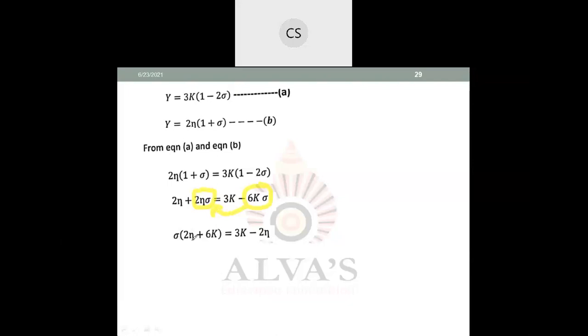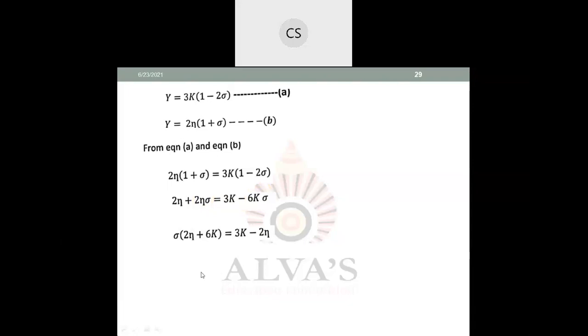So sigma into 2 eta plus 6K is equal to 3K, as such, minus 2 eta. Is it okay?